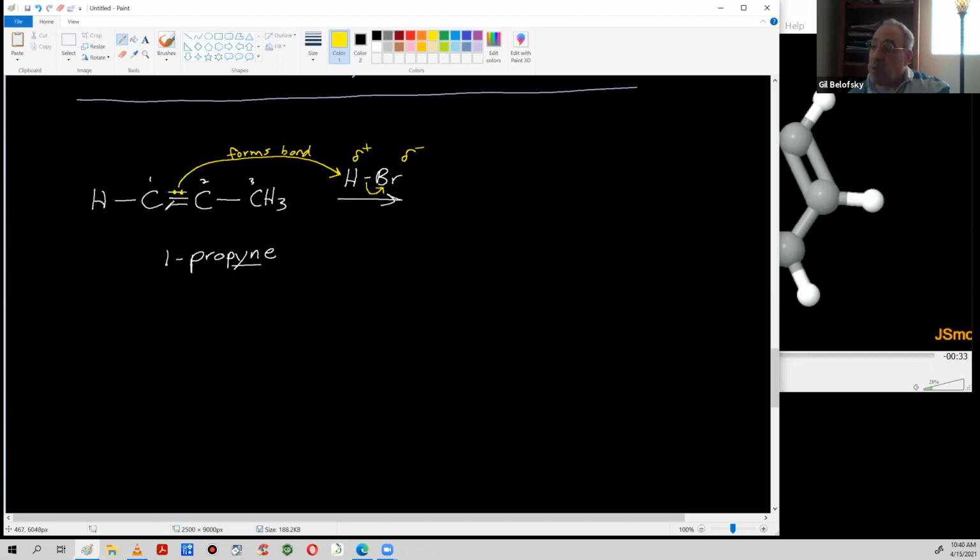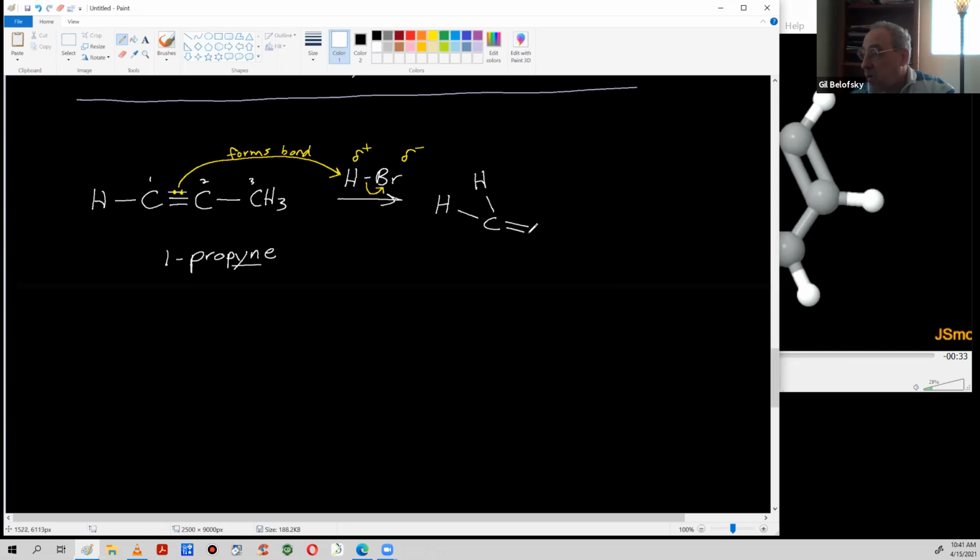And there's one more thing we learned above. If Markovnikov's rule applies, if the more stable carbocation is going to form, then we have to form the bond to hydrogen to the carbon that already has more hydrogens, which is the one on the left, carbon 1. So we add a hydrogen to carbon 1.